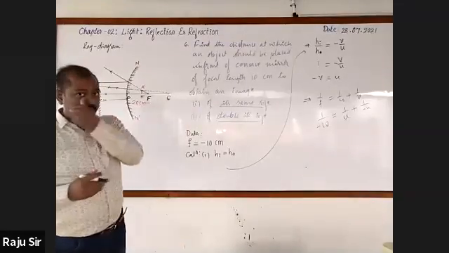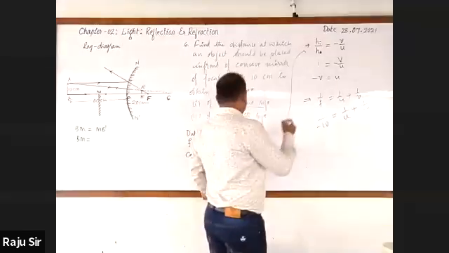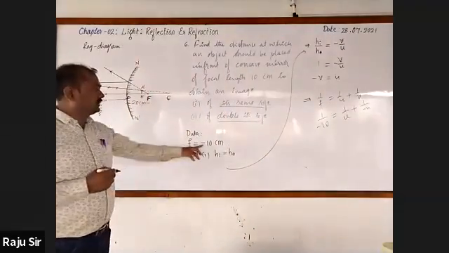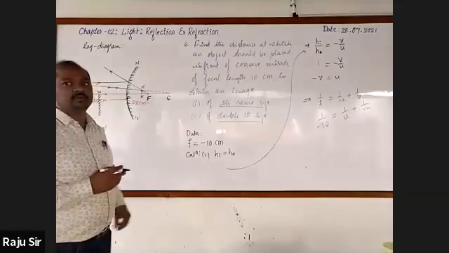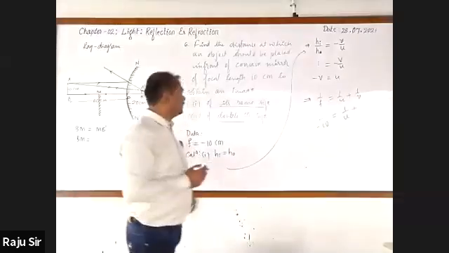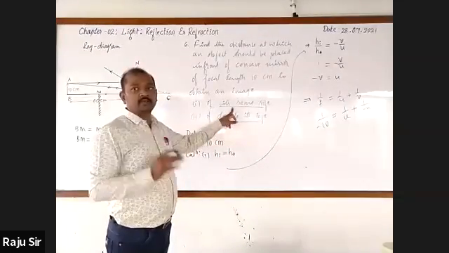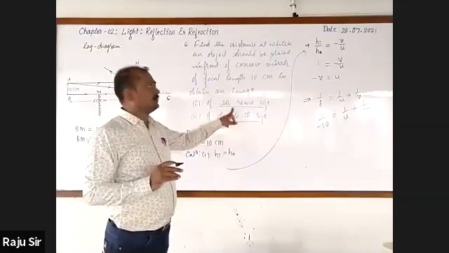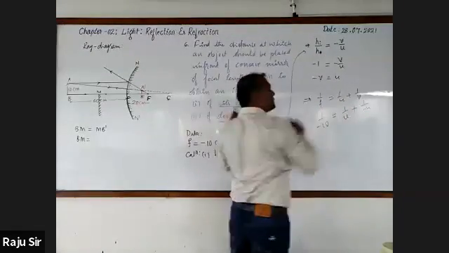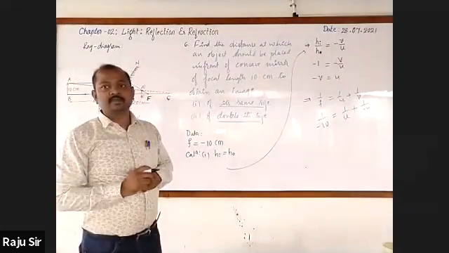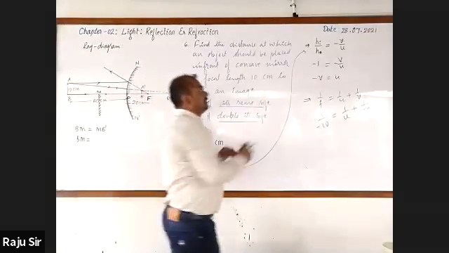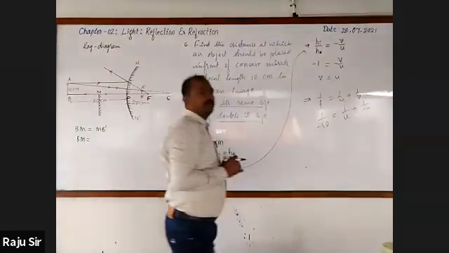Distance is 10 centimeters, sir. Not 10 centimeter. Focal length is 10 centimeter. Sir, it is double, no, sir? We are focusing only on the first case. Here, hi by h naught will be minus 1. Then v is equal to u.